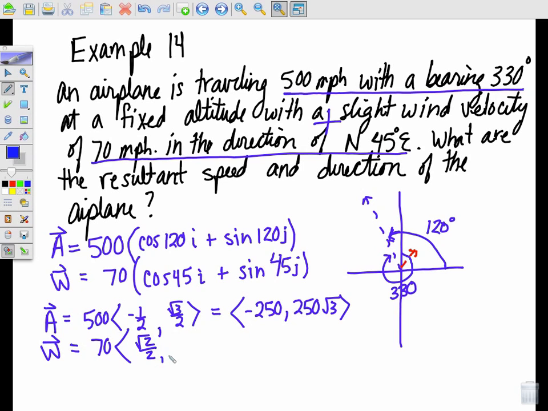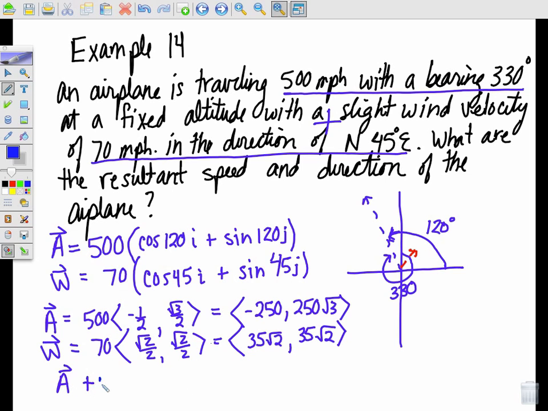The cosine of 45 is the square root of 2 over 2. We're in quadrant 1, and sine is the square root of 2 over 2. So the result, in component form, is 35 roots of 2, comma, 35 roots of 2.